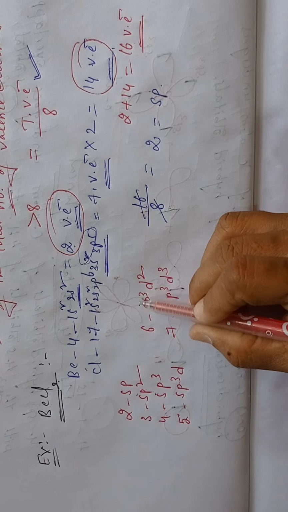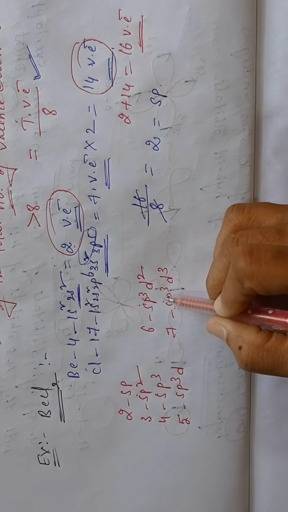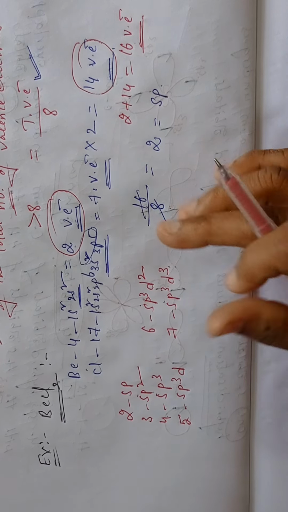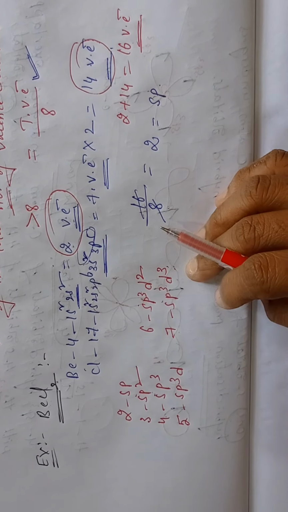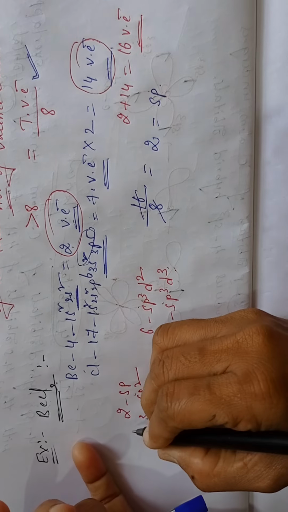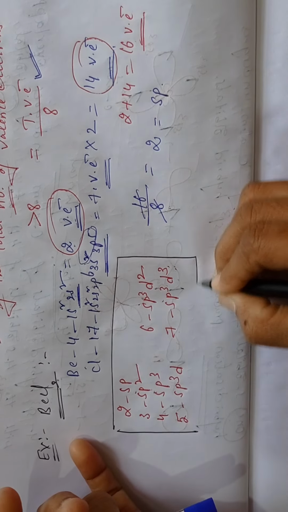Like this we have hybridizations from sp up to sp3d3, students. This table you have to practice.